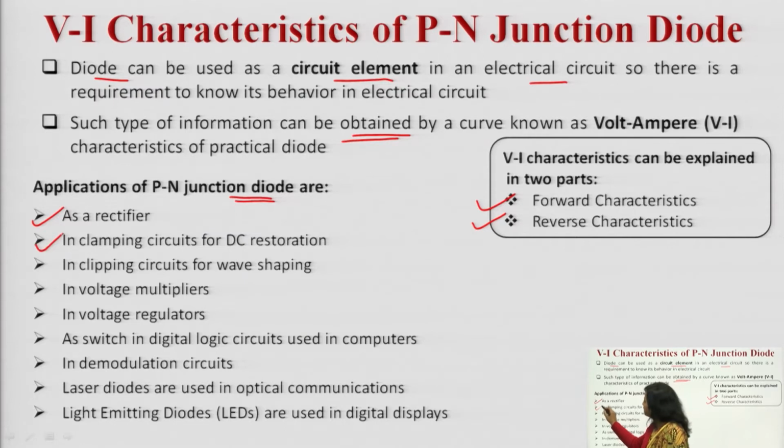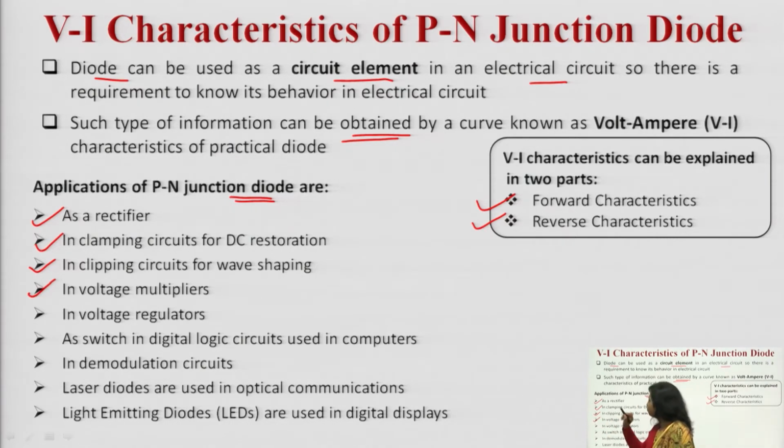Diodes can be used in clamping circuits where there is a requirement of DC level restoration. It can be used in clipping circuits, meaning wave shaping, where the positive half, negative half, or some portion can be clipped off depending upon the requirement.